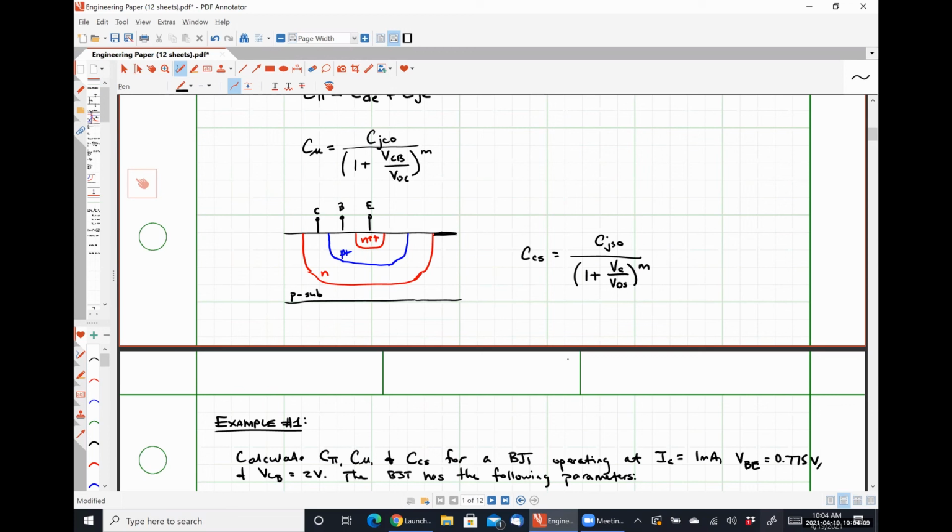But because our capacitance C pi depends not only on the depletion capacitance between our emitter and base terminals, but also on the diffusion capacitance when our device is passing current, we're going to have to work around a way to determine that value for a given value of IC, okay?